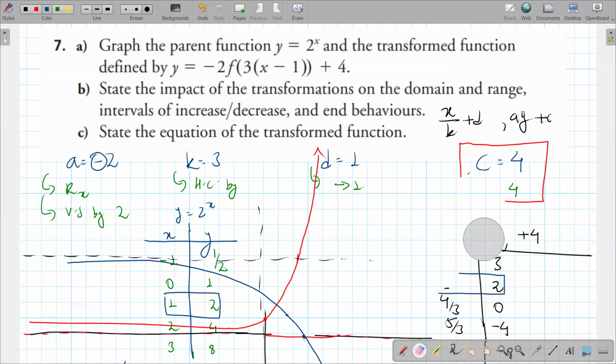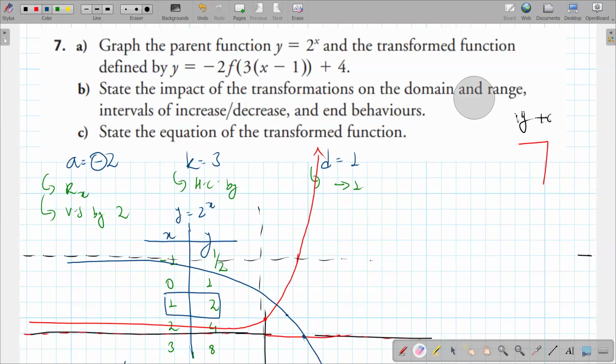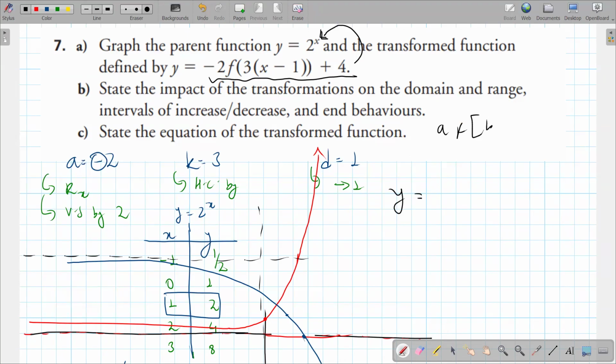First, let me kill this question by writing the equation. Once you see the equation, everything is very easy. The equation, in a sense, is already given here, but you need to know how to convert this into this form. So look at this, the equation here. The a value never changes. A is always going to be outside the function. So with no fear, you can just write -2 times.